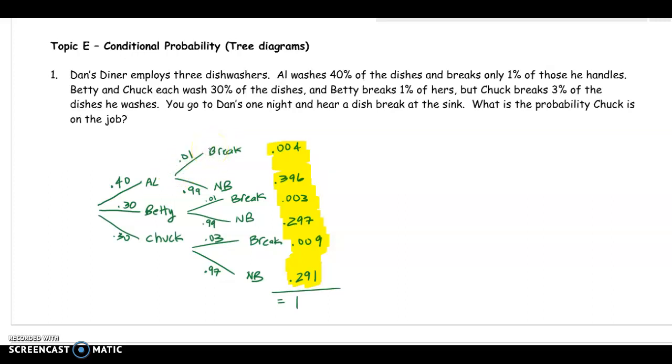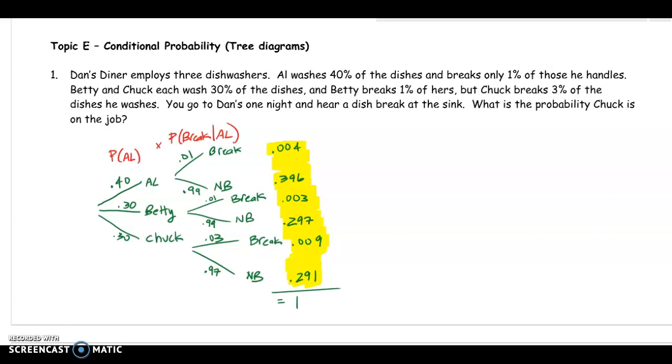It turns out that this first branch right here is the probability of Al, and that was given to us. Now what we did is we multiplied by this branch, which is the probability of breaking given that Al is washing the dish.